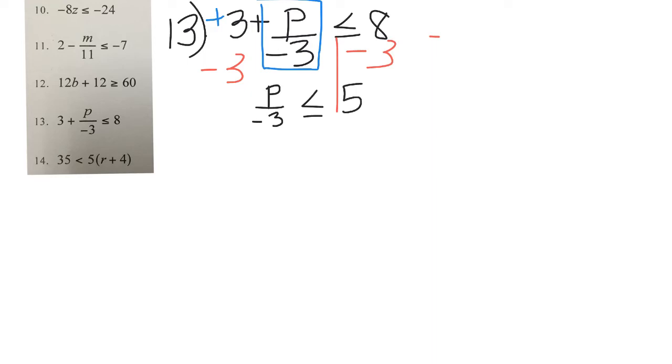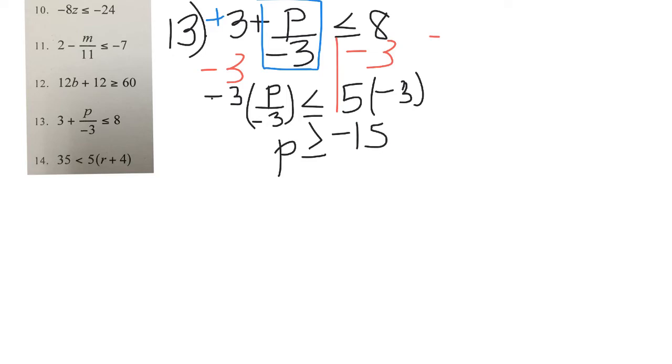And I want to get rid of the negative 3, so I multiply by negative 3. Multiplying by a negative 3, the sign has to flip, so p is greater than or equal to negative 15. And draw that on the number line, closed circle, greater than.